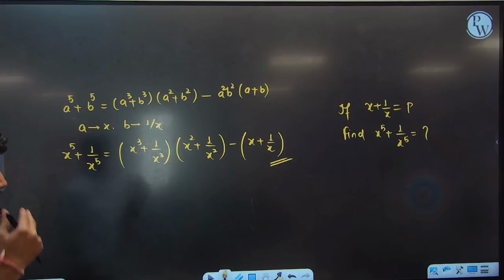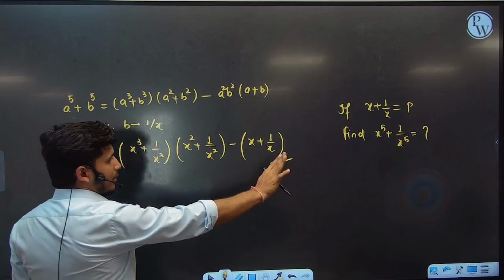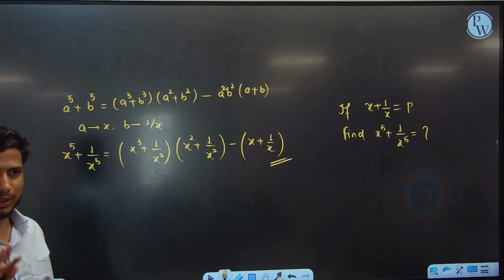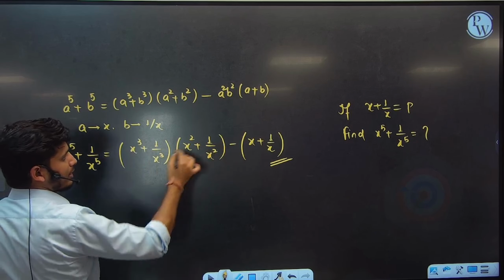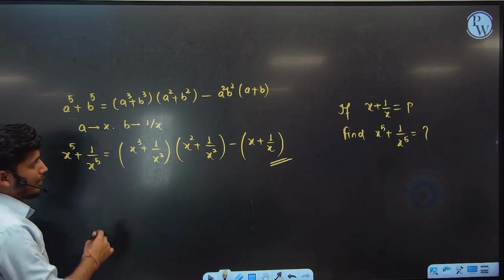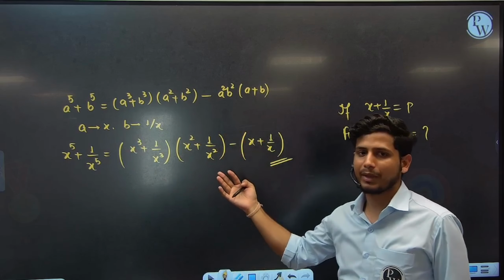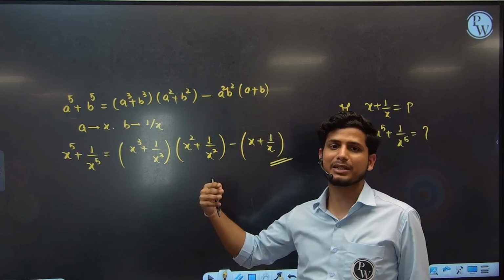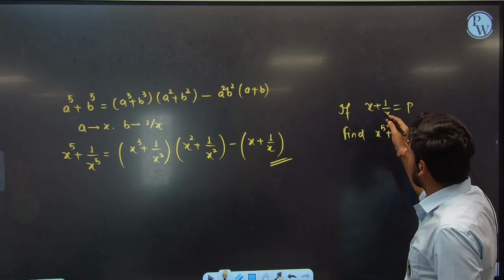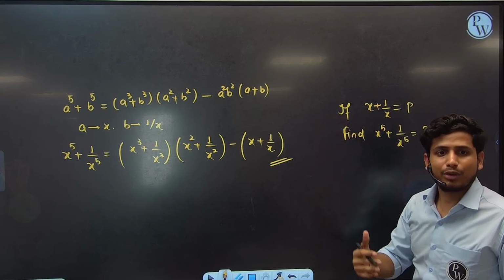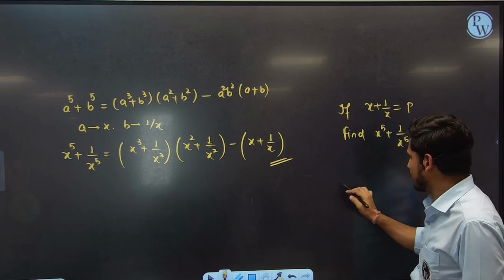Okay, we know the formula of x to the power 5 plus 1 upon x to the power 5. Here this is the formula. Now a question arises: what is the value of x square plus 1 upon x square, and what will be the value of x cube plus 1 upon x cube? Now we know x plus 1 upon x, and we want to know x cube plus 1 upon x cube.